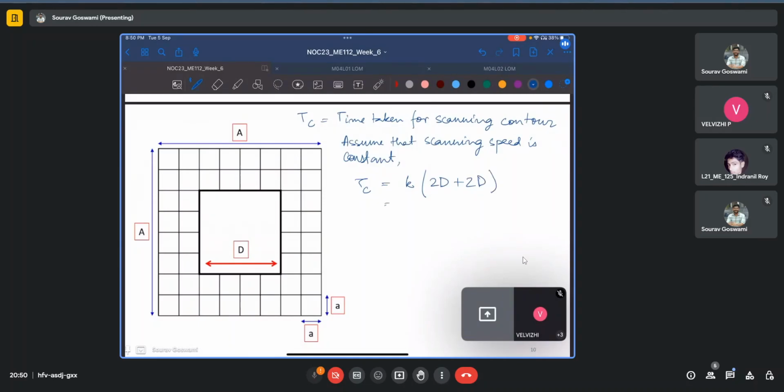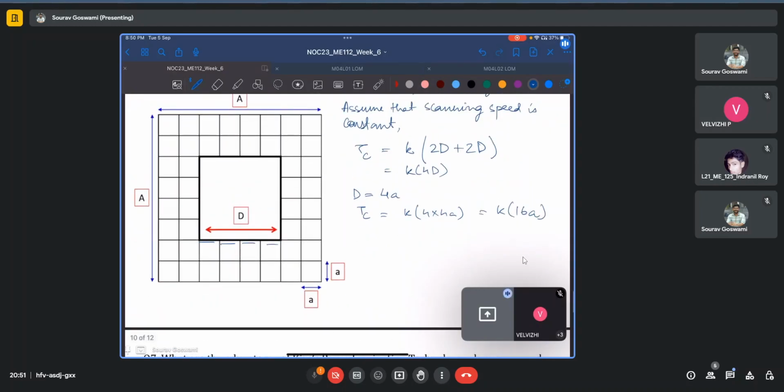So 4k times 4d. And again, I further have a relation between this smallest length scale A and D, which is D is equal to 4 times A. So this time is equal to K times 4 into 4A or K times 16A.